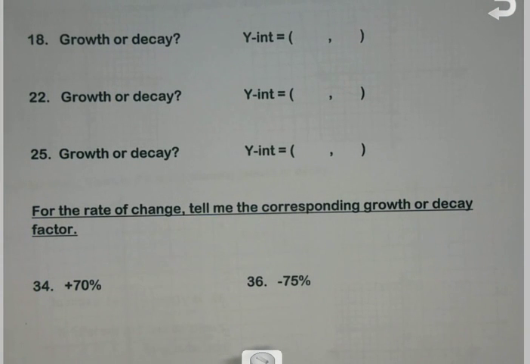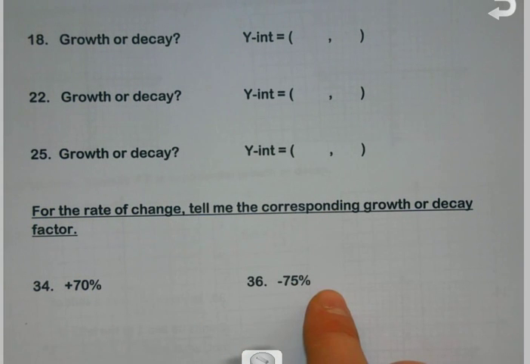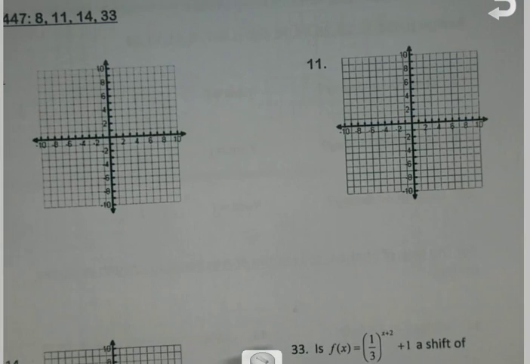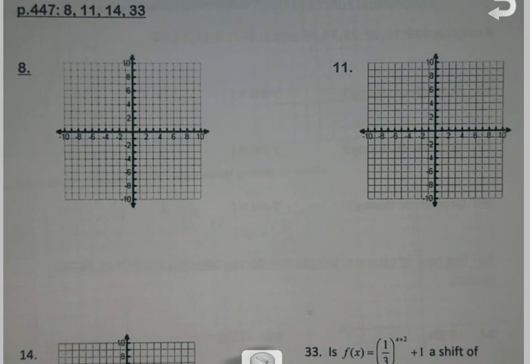For 34 and 36, it's just like what we just did. Figure out the rate of change and the growth or decay factor. And finally, on the back are the actual problems for you to graph. Find the Y-intercept, look at some of those different things, and answer some of the questions that way.